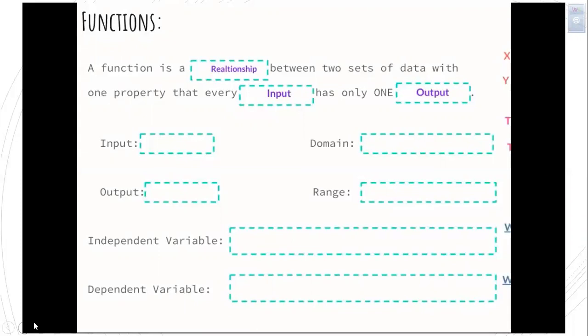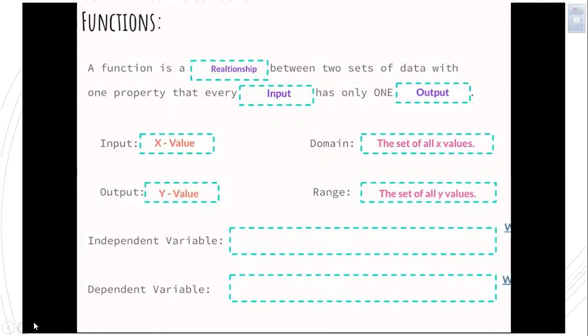Now, what is an input? An input is any X value. So when we're talking about inputs, we're talking about X values. That means when we're talking about outputs, we're talking about Y values. When we're talking about the domain, that's the set of all X values. When we're talking about the range, that's the set of all Y values. So input goes with X value, domain goes with X value, Y value goes with output, range goes with Y value.